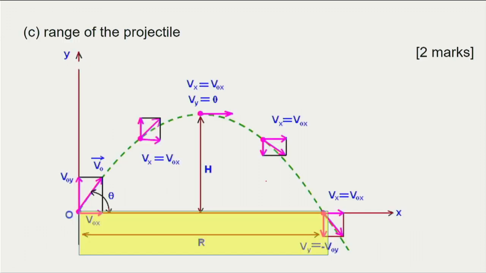Okay, the next one, question C. This is the last part of this question, giving you 2 marks here. So range of projectile motion. Which part is the range? Look at this, this is the range, from the first point to the final point.